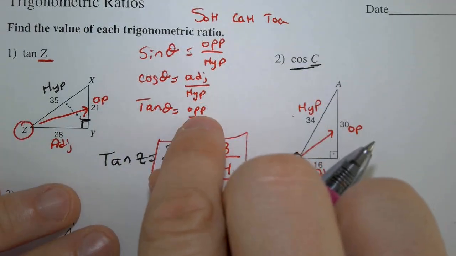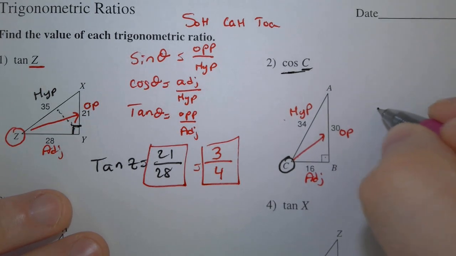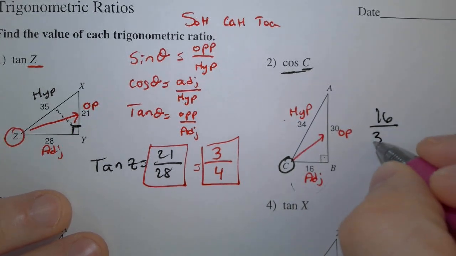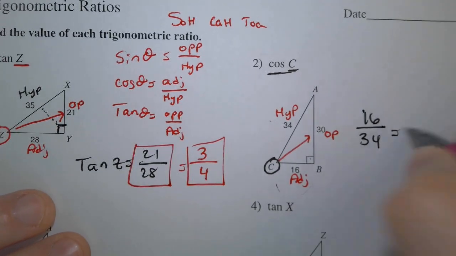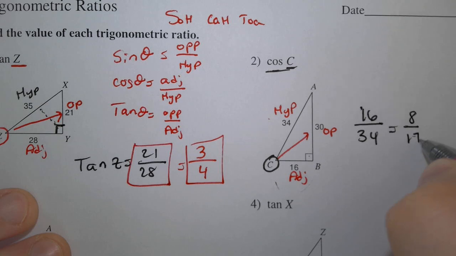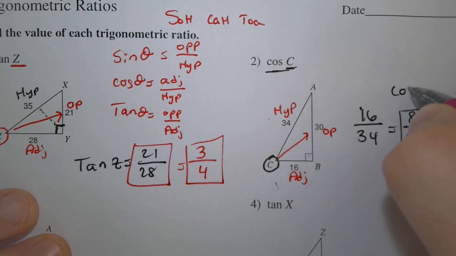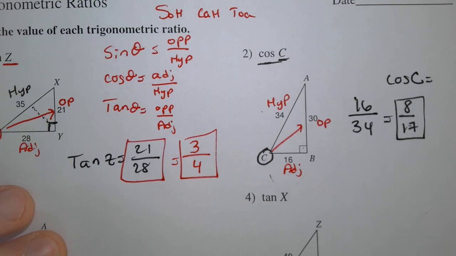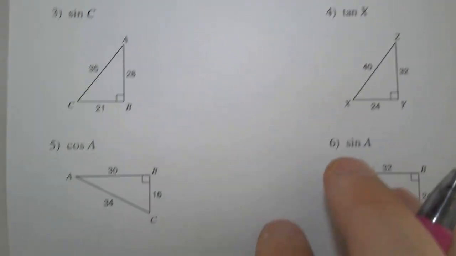Cosine is adjacent divided by hypotenuse, so that is going to be 16, because that's our adjacent, over 34. Now notice how in these problems we are not solving, we are just writing the ratio in simplified form. And cos of C, in this case, if simplified, is 8 over 17 because they both divide by 2.